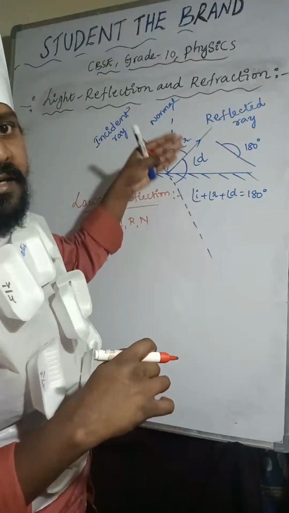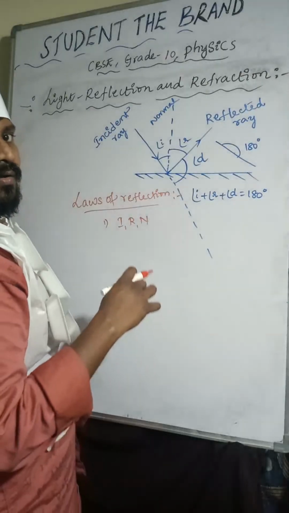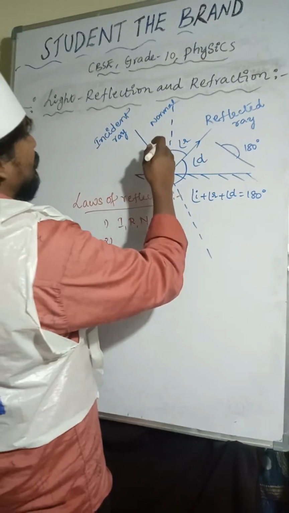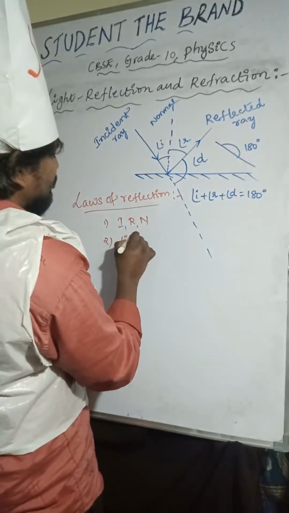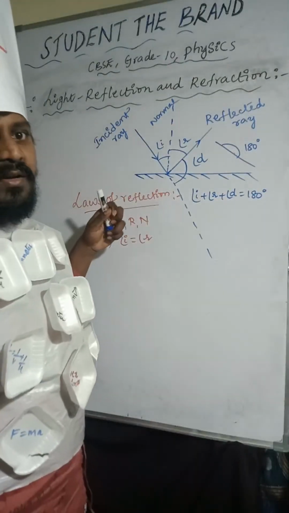The second point is: the angle of incidence is equal to the angle of reflection.